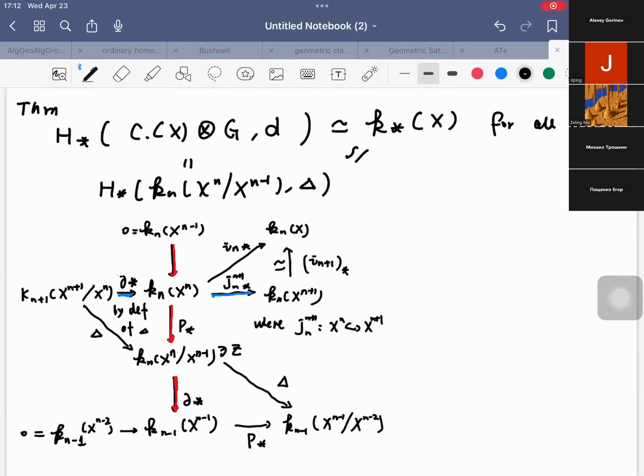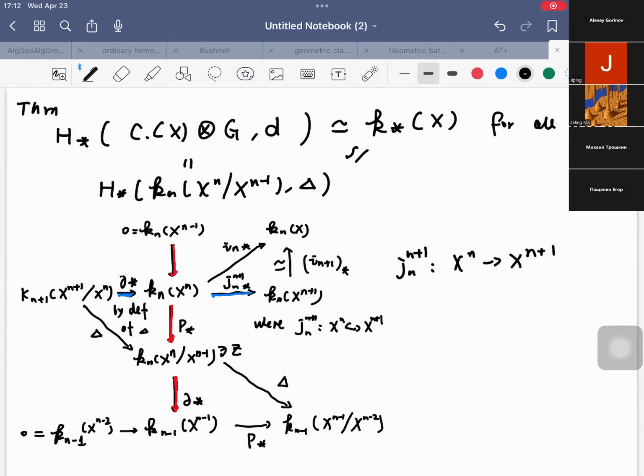This means there is a map from Xn to Xn plus 1. So the blue row is part of the long exact sequence of the couple Xn plus 1, Xn. Very well.